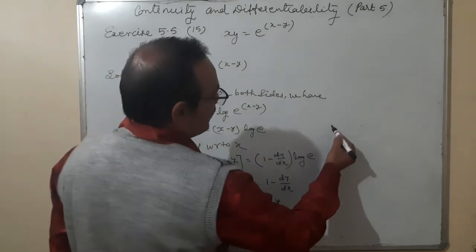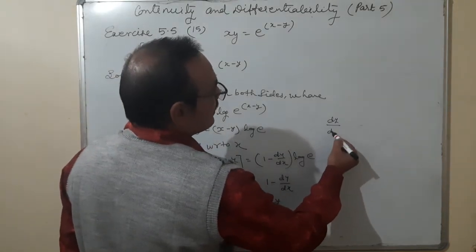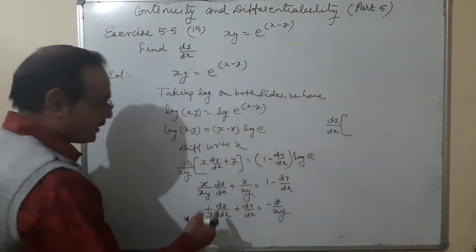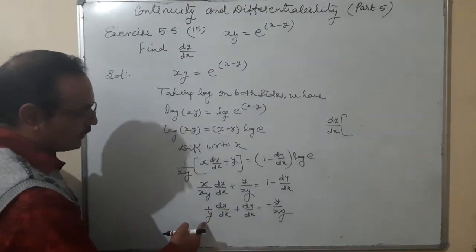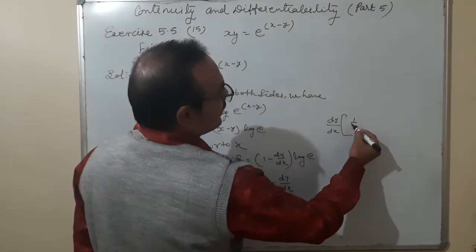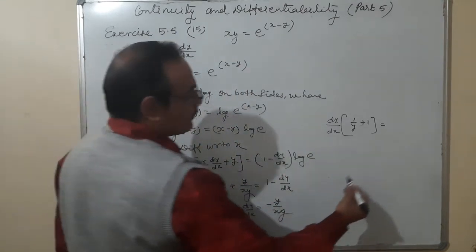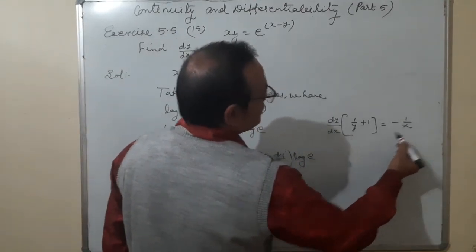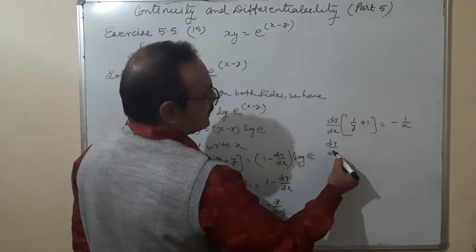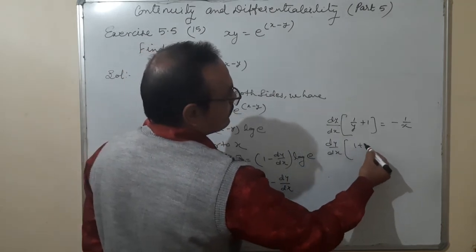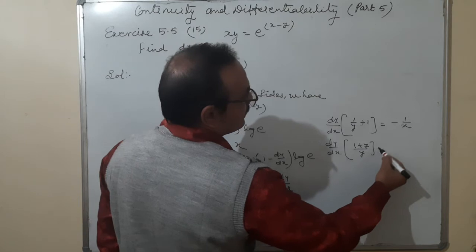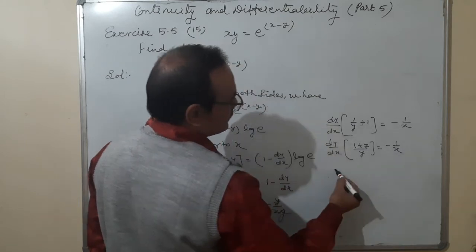The result is coming, dy by dx common, 1 upon y plus 1 is equal to minus 1 upon x. Dy by dx times 1 plus y upon y is equal to minus 1 upon x.